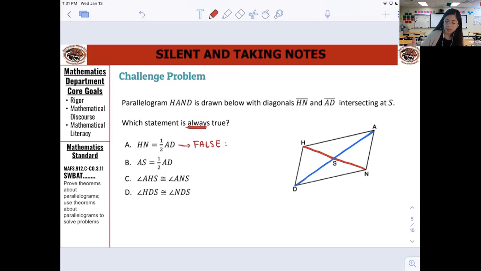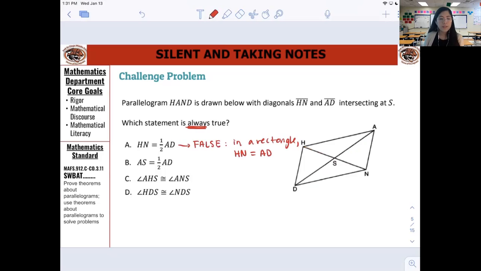Good, Tyrone. In a rectangle, HN would actually equal AD. Okay, so this is definitely not going to be true. It might be true for a rhombus, maybe, but it definitely would not be true in a rectangle.